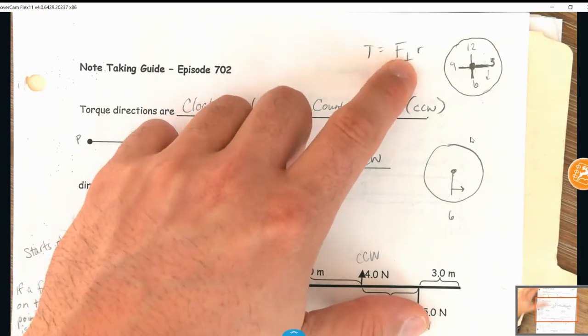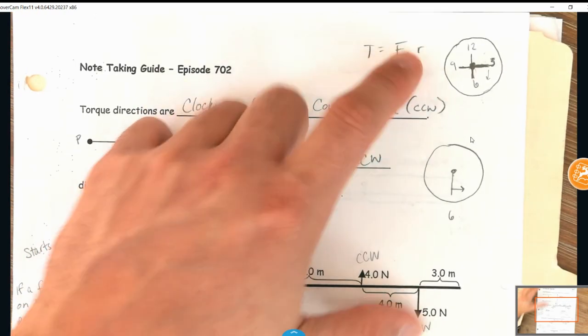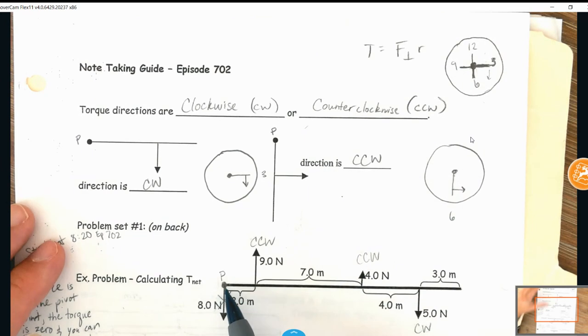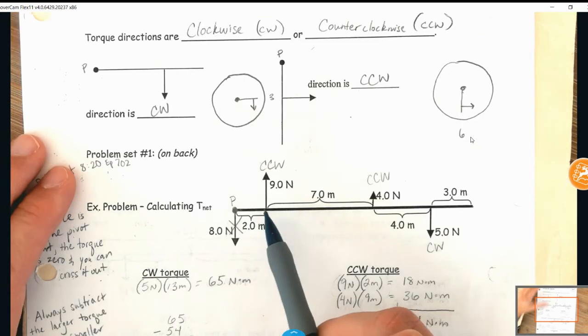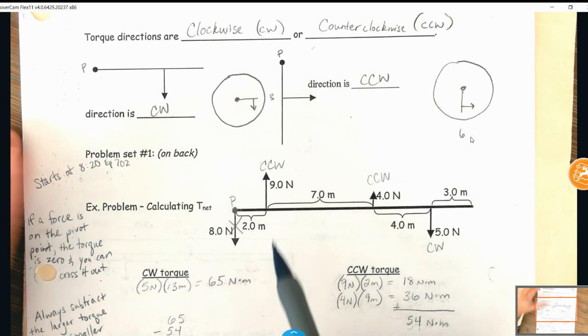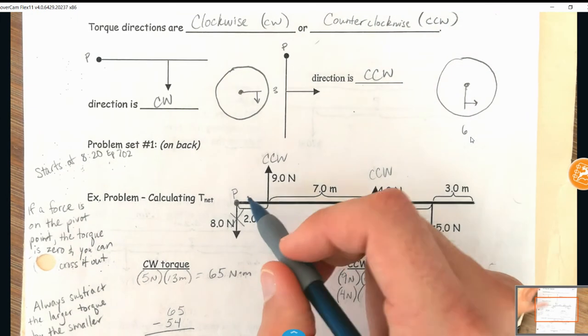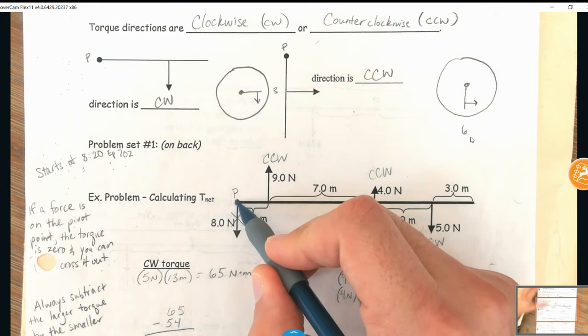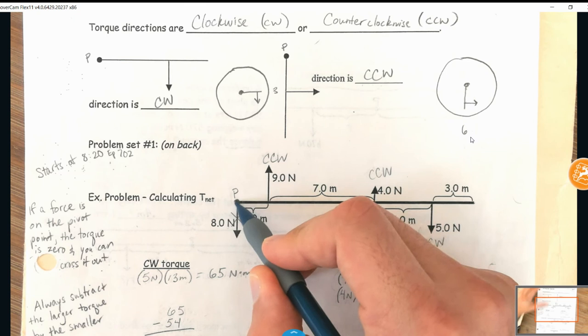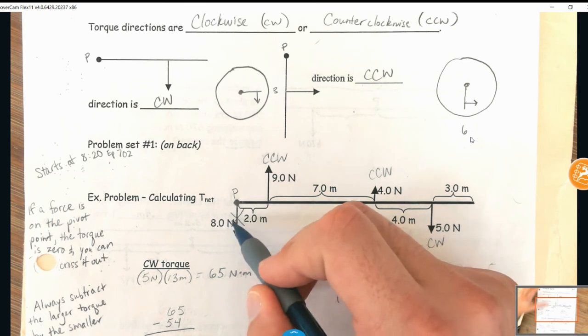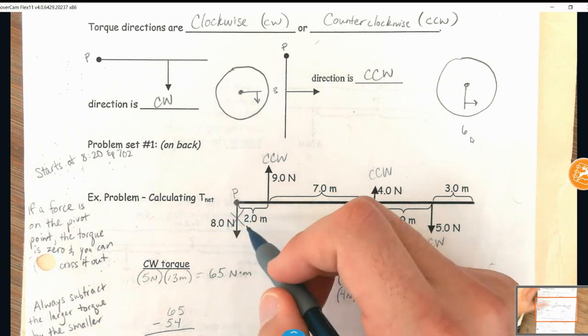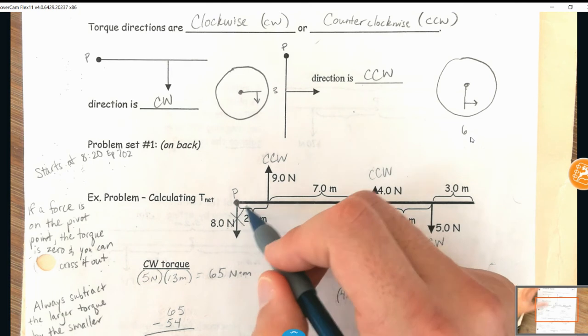Because again, torque is equal to force times your lever arm, and the lever arm is the distance the force is from your pivot point. In the video, they put the pivot point on the far left side, on this 8 Newton force. So they cancel this out. We don't need this one.